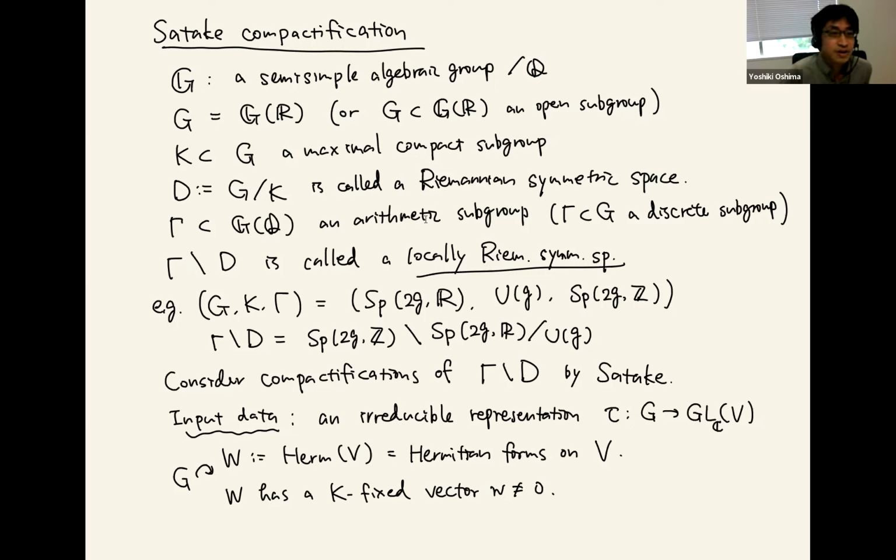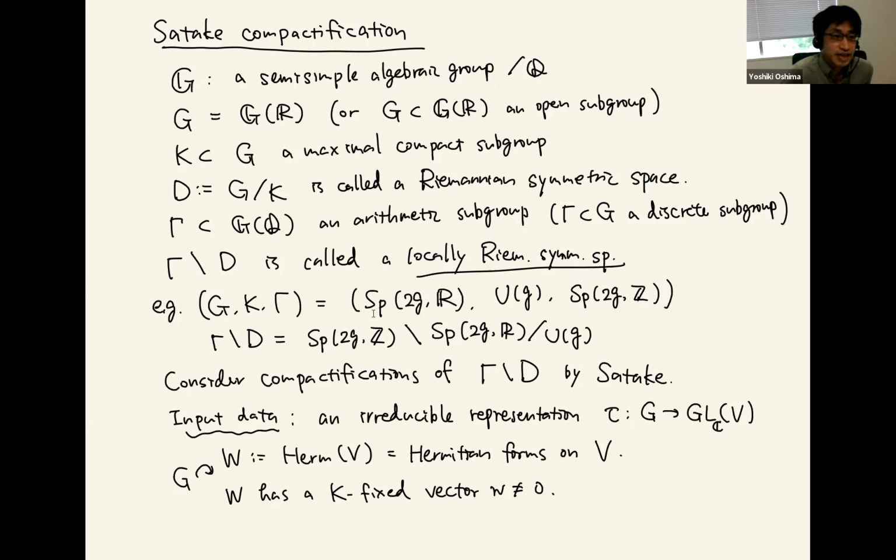And it becomes a discrete subgroup of G. And D mod Γ is called a locally Riemannian symmetric space. A typical example has already appeared.